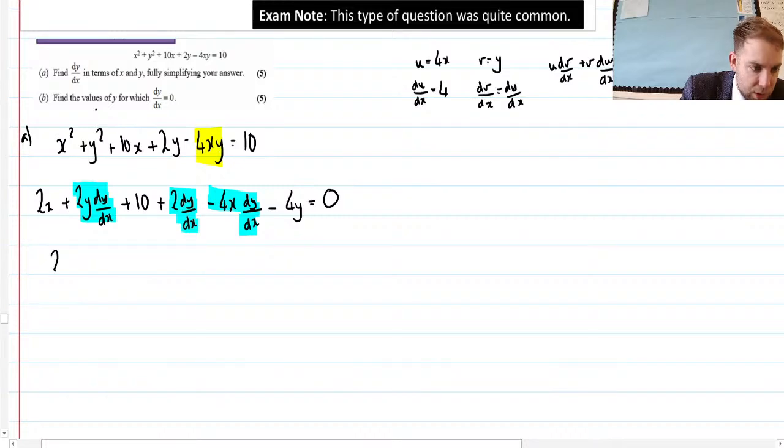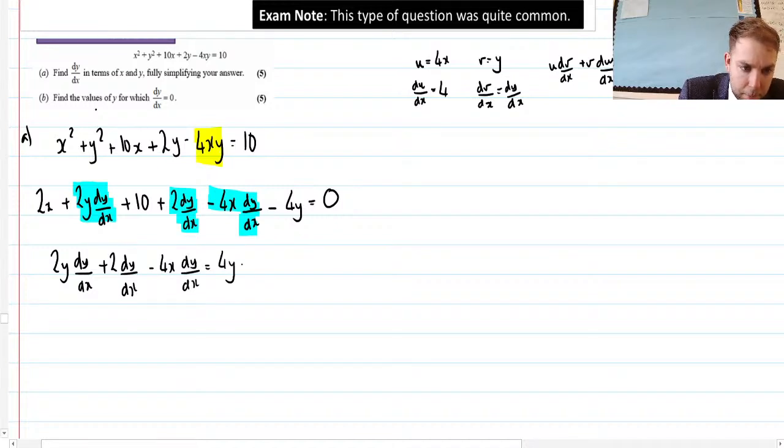So I end up with 2y dy by dx plus 2 dy by dx minus 4x dy by dx is equal to 4y minus 2x minus 10. Now I'm going to take dy by dx out and divide by all of that. Now I am actually going to do that this time because there's 3 terms, just to show.